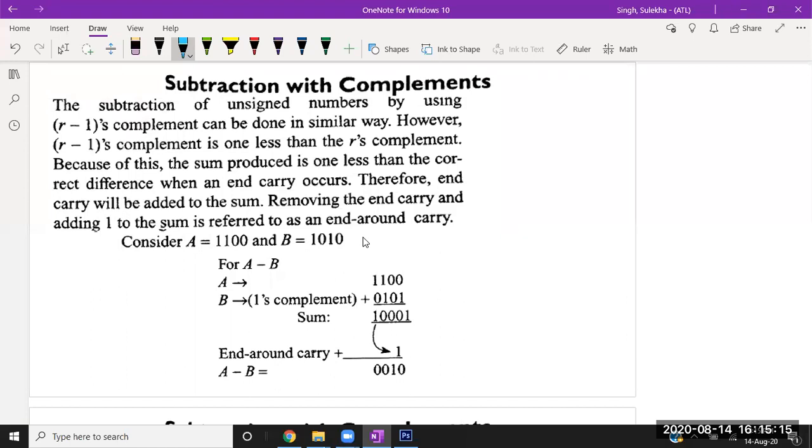My major concern is with those students who are listening to these topics for the first time, who haven't gone through number systems, binary numbers, subtraction, complement in their earlier classes of 11th, 12th, or somewhere. Are these things clear with you? If it is clear, write yes in the chat box.